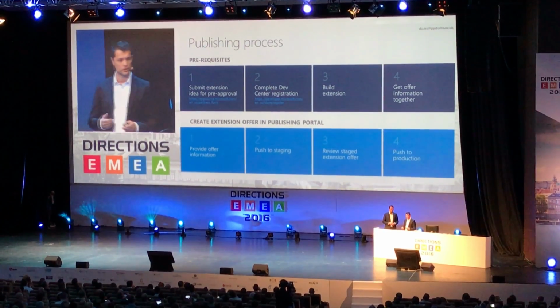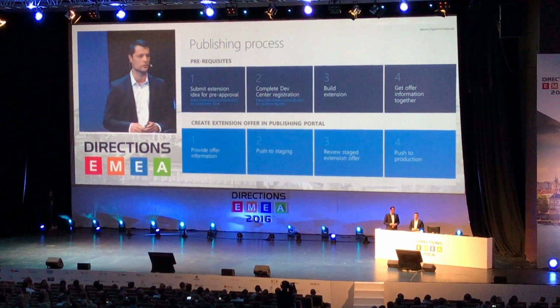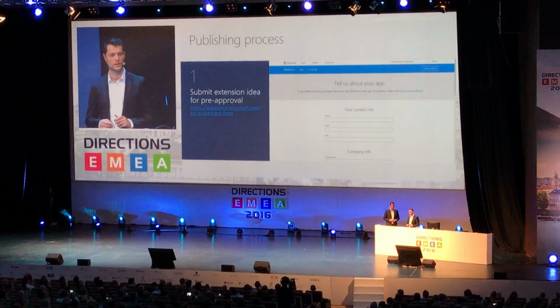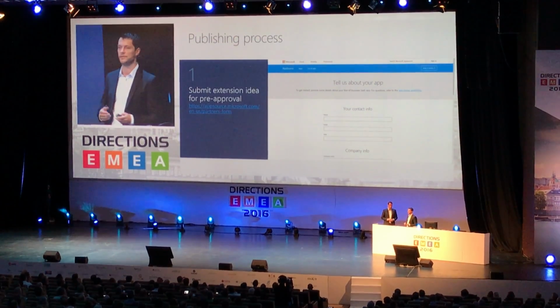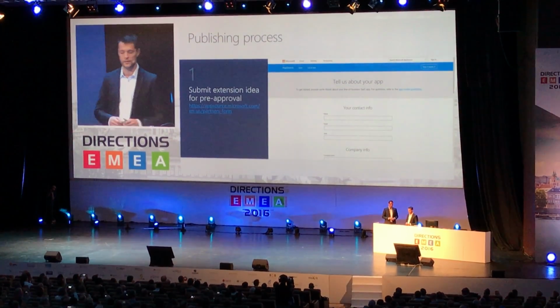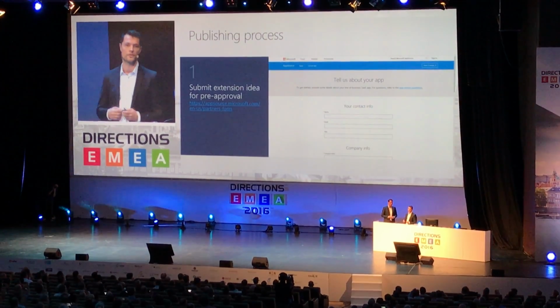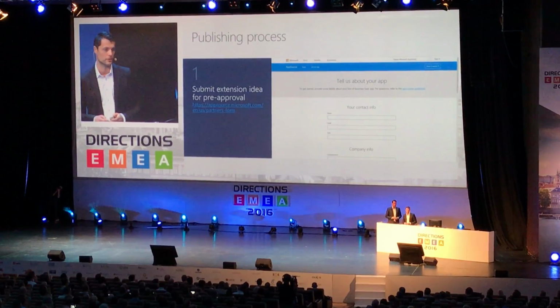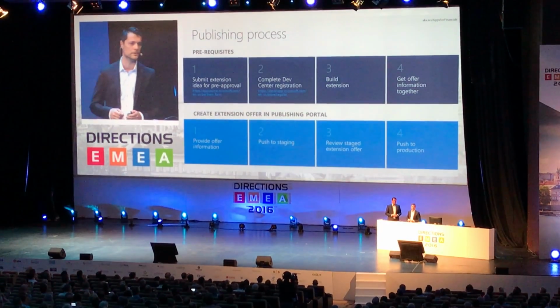So what does it mean? First, you go and submit your extension idea for pre-approval. That means we'll check that it's actually targeted at markets where we're currently at, that it's taking dependencies on things that are available in financials currently.